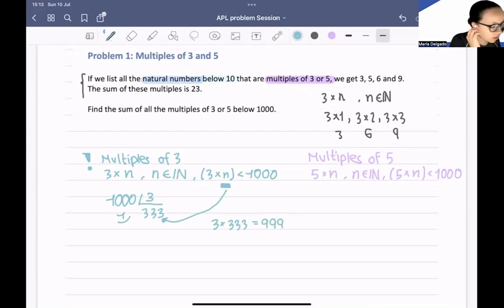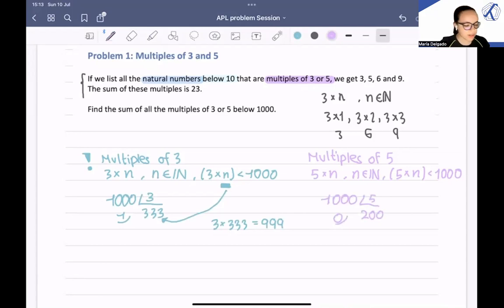And we can do the same with the multiples of 5, but we will find a problem. Let's take a look. 1000 divided by 5 is equal to 200, and we have 0 as a remainder. So what can we do here?